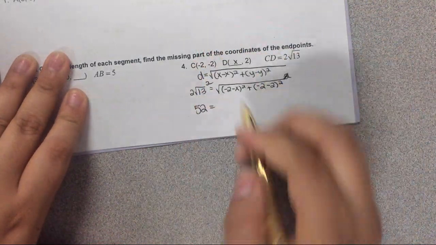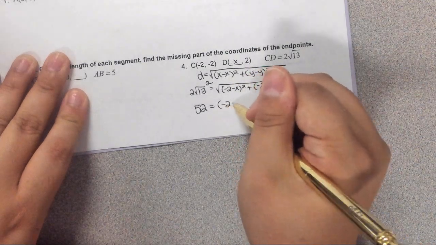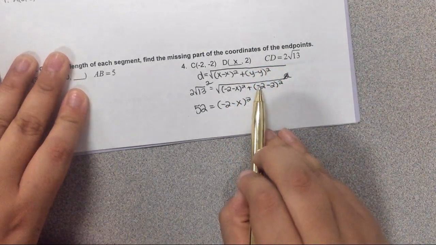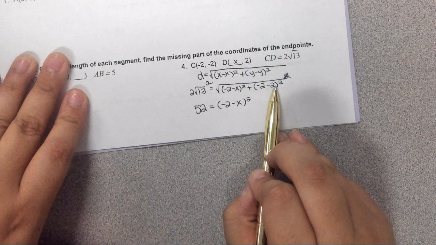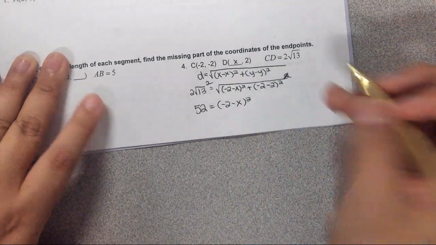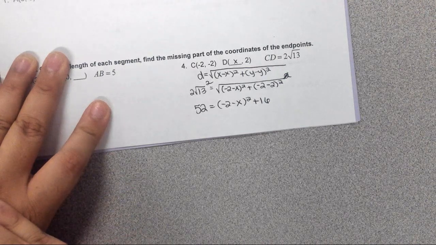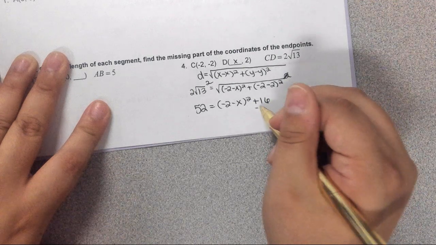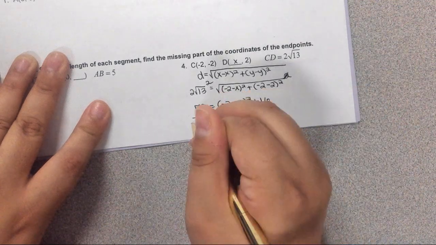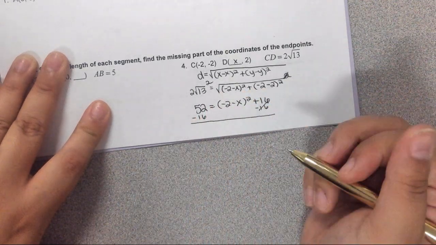52 equals, again, I'm going to do that in one step. What's negative 2 minus 2? And what's negative 4 squared? Are y'all okay with that? Now what? And what's 52 minus 16?